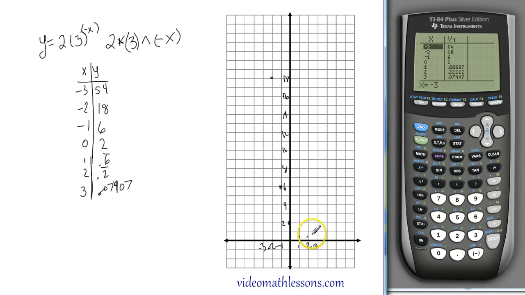So I'm going to do my best to graph this. Let's fix that graph. Come the other way.